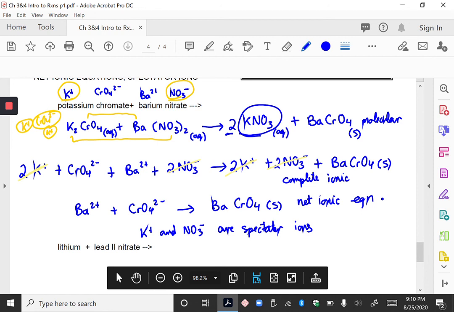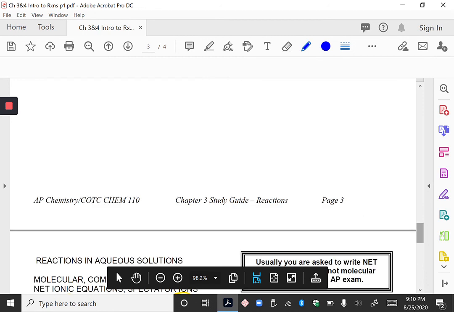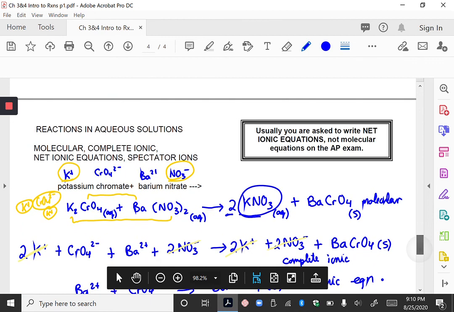I do want to show you what this means here. So I'm going to try to draw my ions here. Initially we had potassium chromate, so K pluses, CrO4 2 minuses. And then we also had, what was the other one?